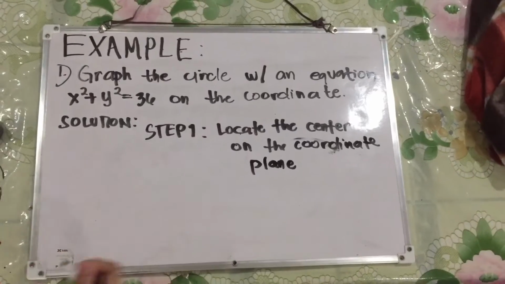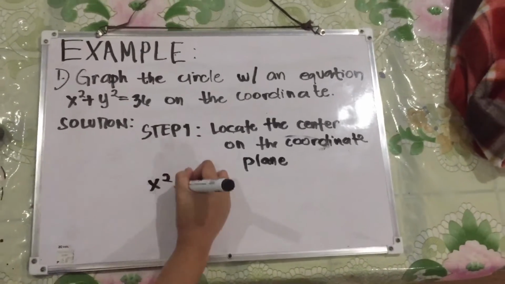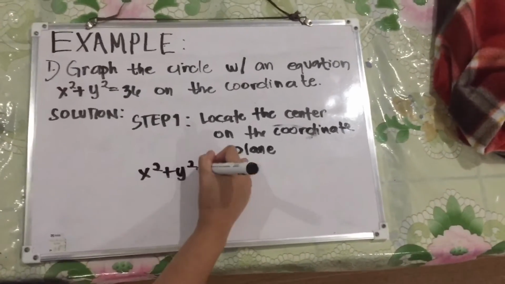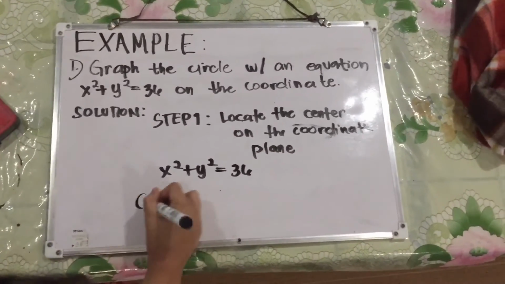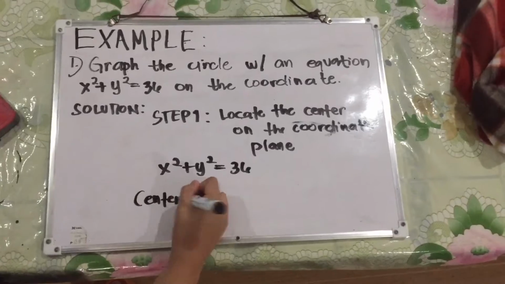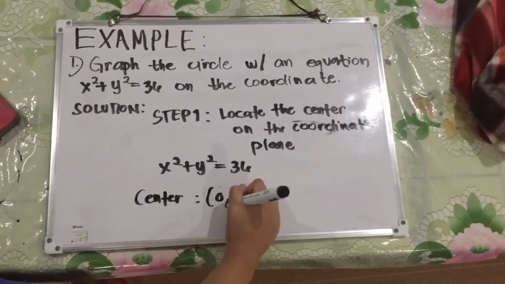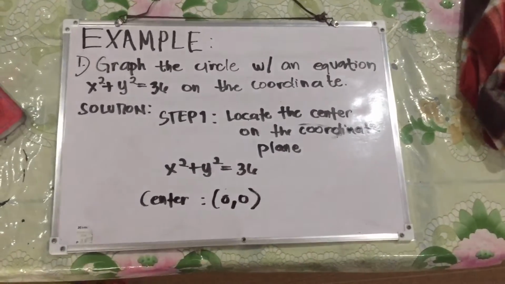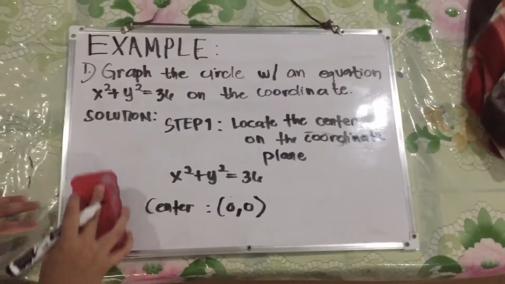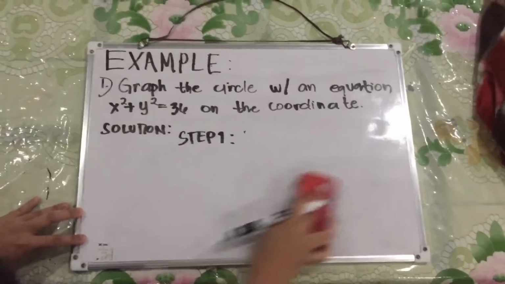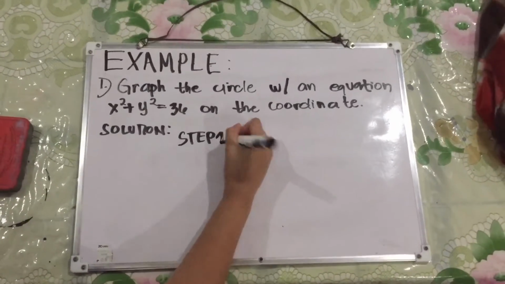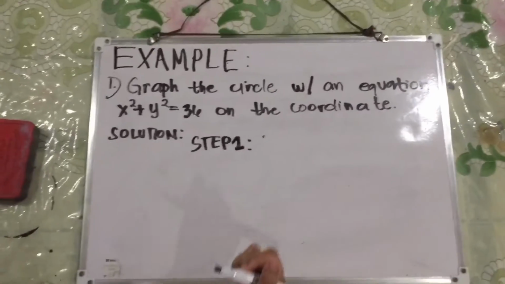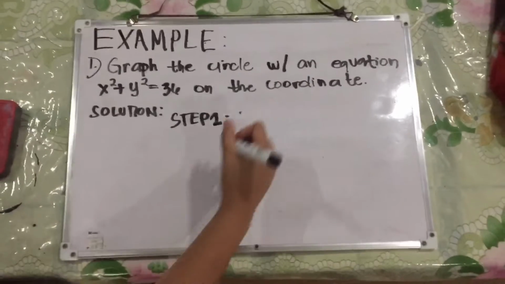So from the given x squared plus y squared equals 36, obviously our center there is at point (0, 0). So step 2 is we have to find the radius of the circle.